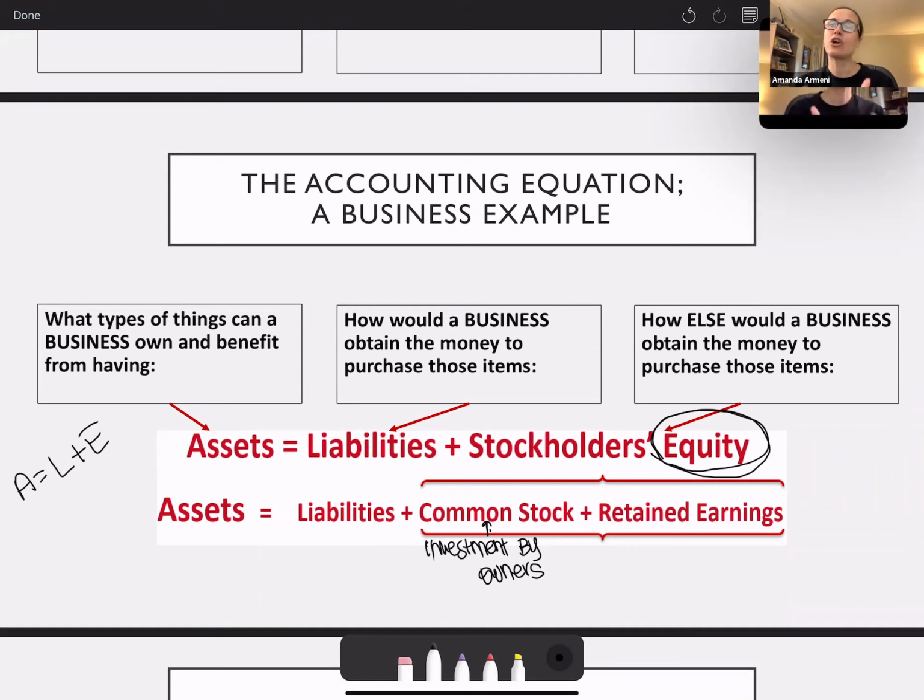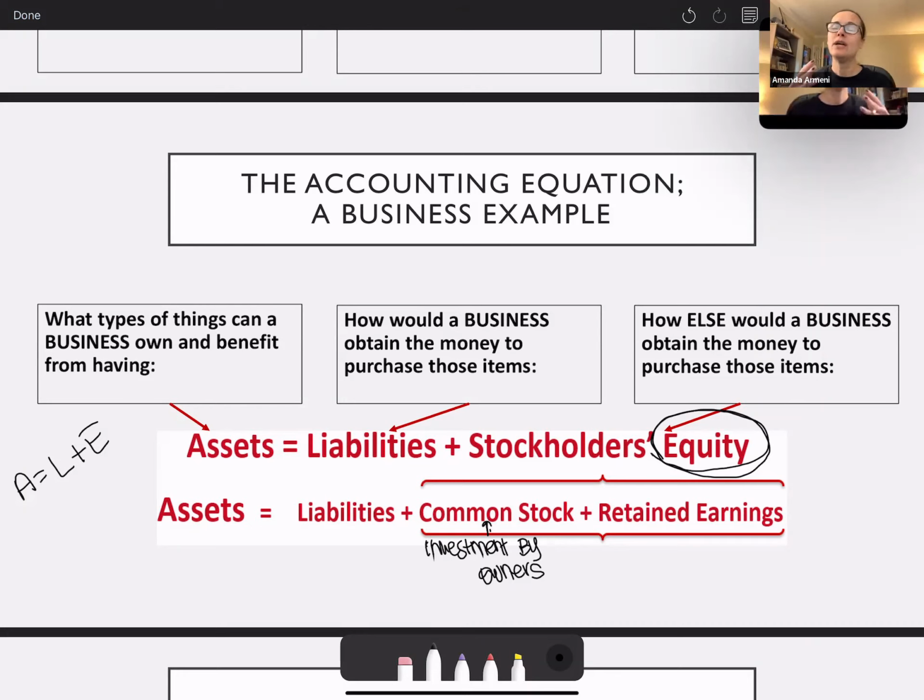Common stock, that's our investment by owners. Anytime owners give funds to the business, we call that common stock. And then retained earnings, earnings that the company has kept over time, that they have earned over time, and they're able to use that to purchase their assets. So this is the breakdown of the accounting equation.